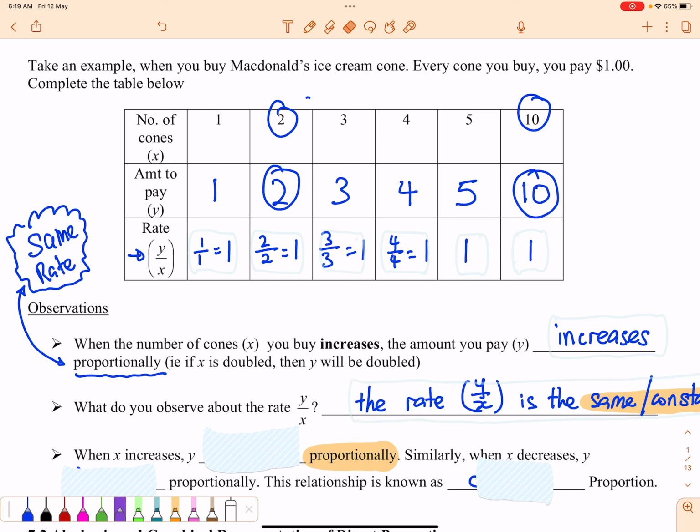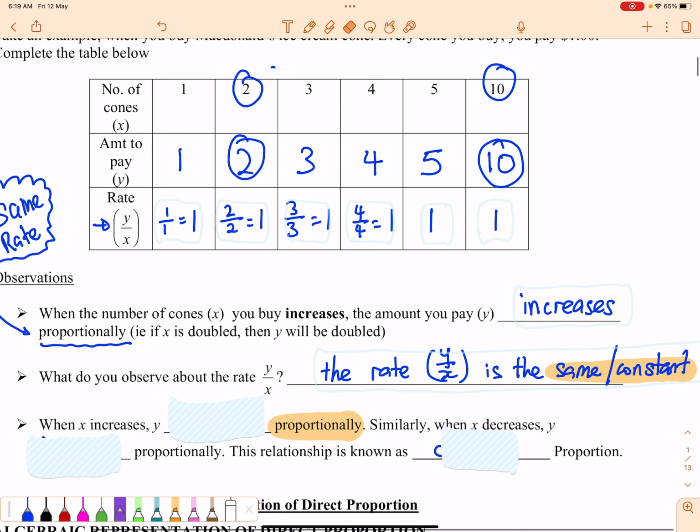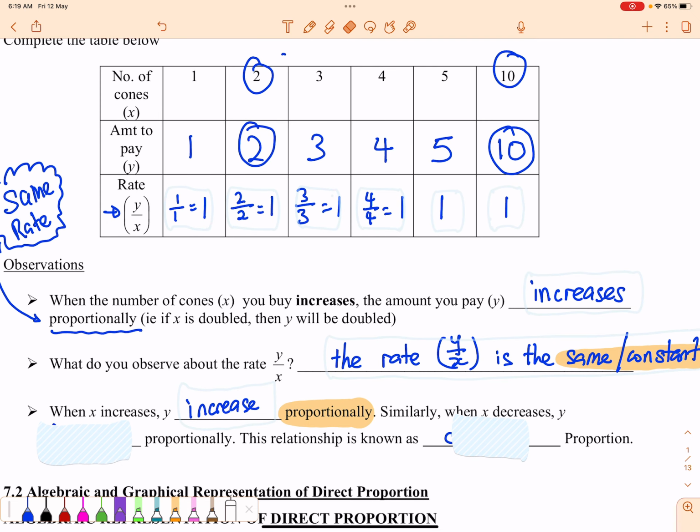So do you see that the rate is the same? Another word for same is that the rate is a constant. Same and constant actually have the same meaning. Now when x increases, y actually increases proportionally. If x goes down, then y also goes down proportionally.